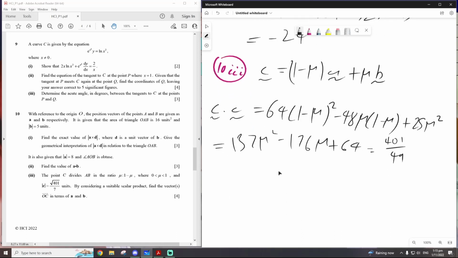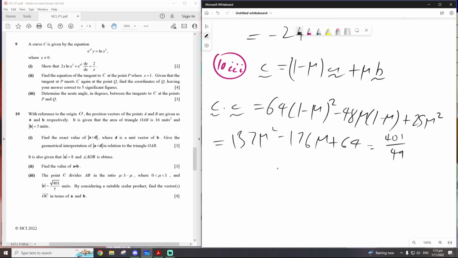Okay, as you can see, the numbers are not very convincing. If you simplify, you get 6,713 mu squared minus 8,624 mu plus 2,735. So bring all the constants over, you get 0 here. This is a quadratic equation in mu. And it looks like you've gone horribly wrong because the numbers are horribly terrible.